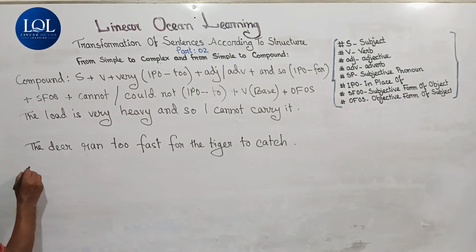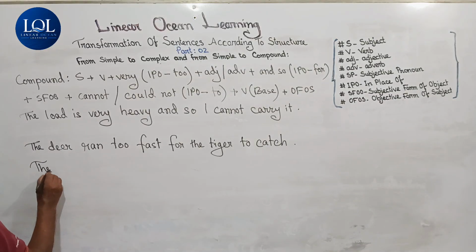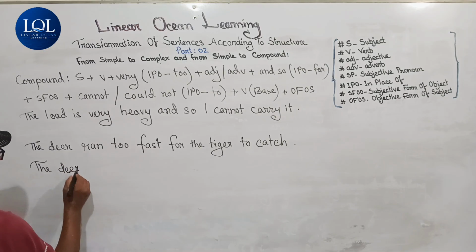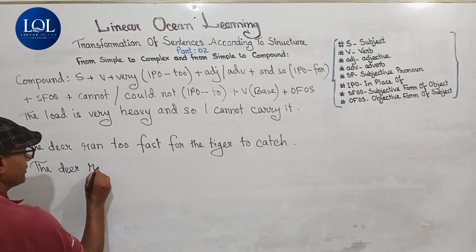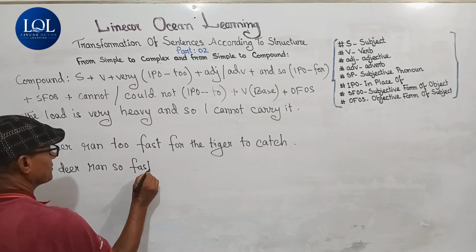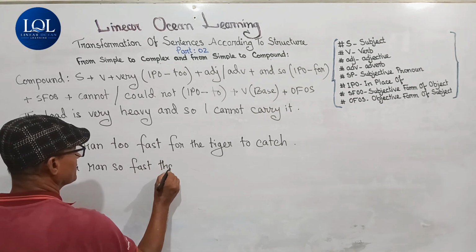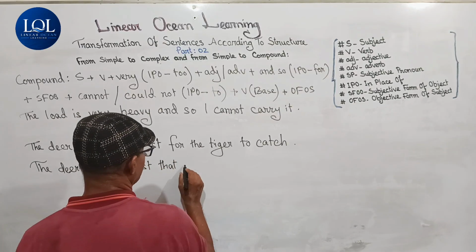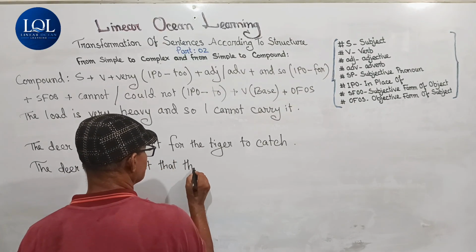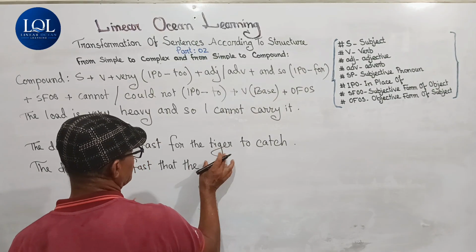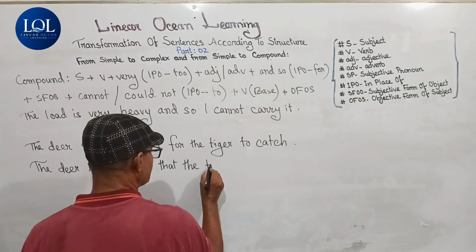Its complex will be: the deer ran so fast that, in place of "for" it is "that", the tiger, this is the object and its subjective form is the tiger.